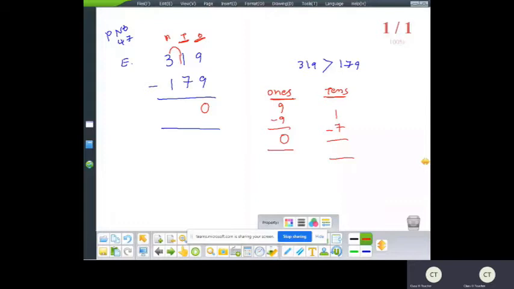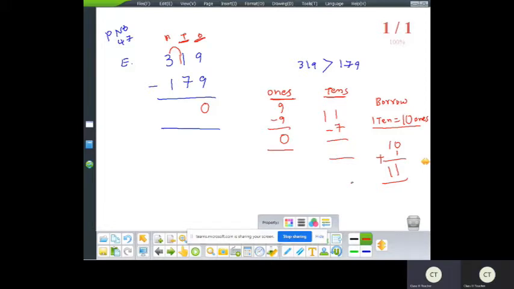Borrow means 1 ten is equal to 10 ones. Already 1 is there, and 10 more ones: 10 plus 1 is 11.